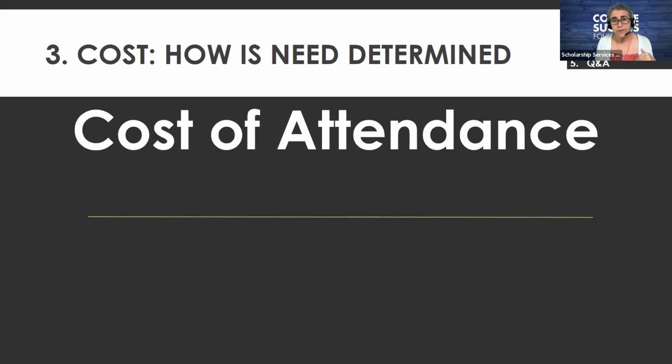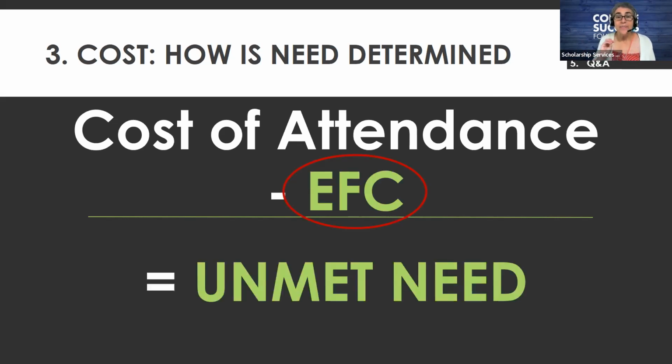And so the difference is what it's normally called unmet need, right? And that unmet need is what the financial aid office tries to cover or fulfill with the different types of financial aid we covered earlier: grants, scholarships, work study, and loans.